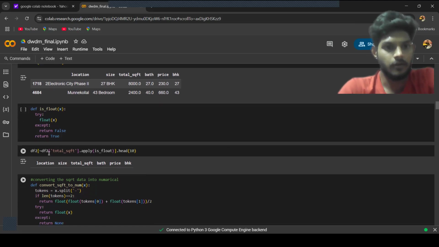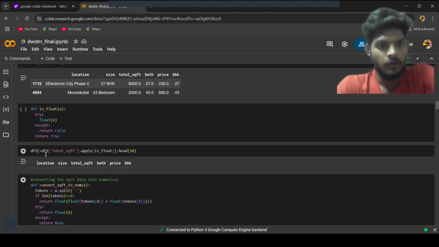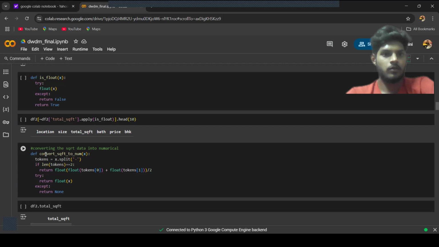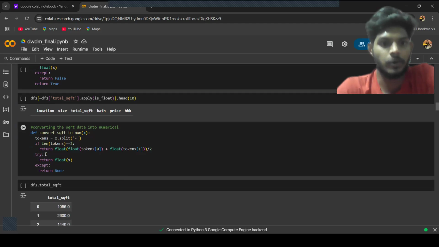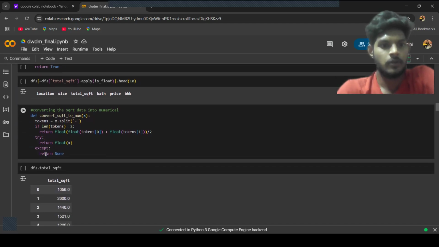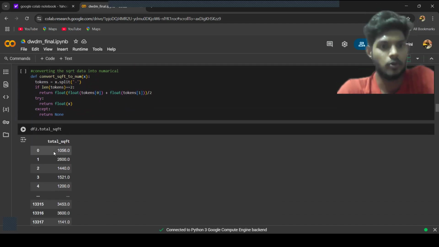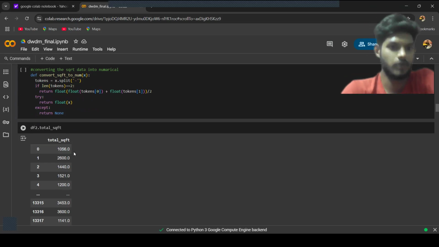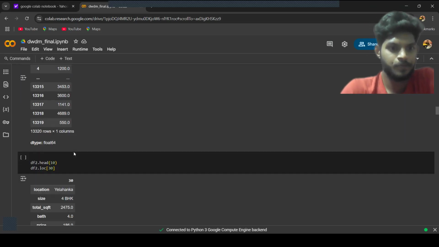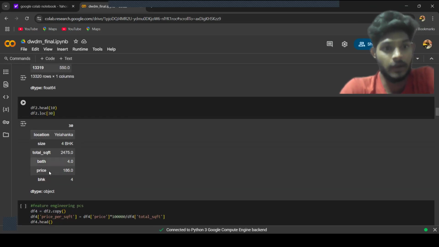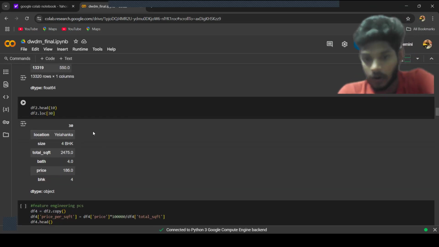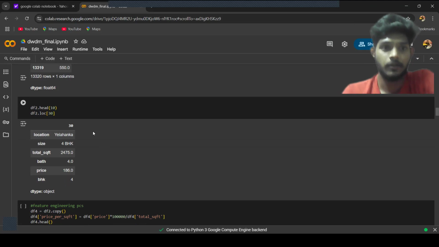Here, converting the square footage data into numerical data, and we are seeing the total square footage value, like 1056. All these we are printing. Here we are taking a particular row, that is row 30, and printing its values.